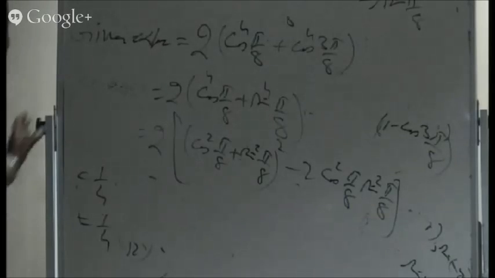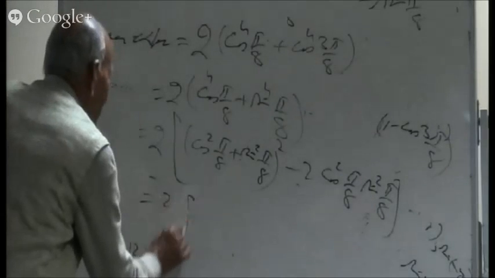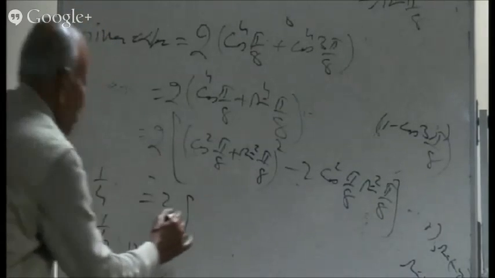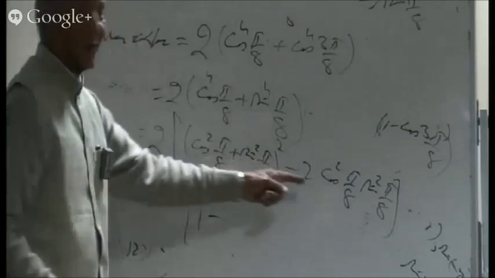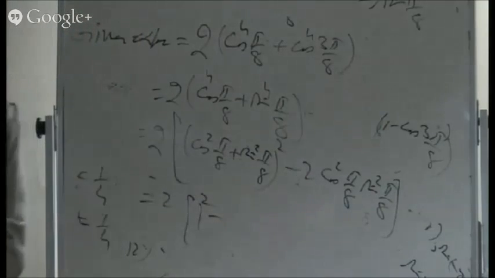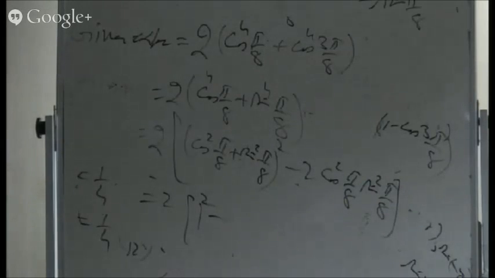Is it right? And so this is further equal to twice of, what is this? 1. Good enough. So minus, what to be done? I need only 2, and then it will become a square. It is the same situation, resembling the same problem.